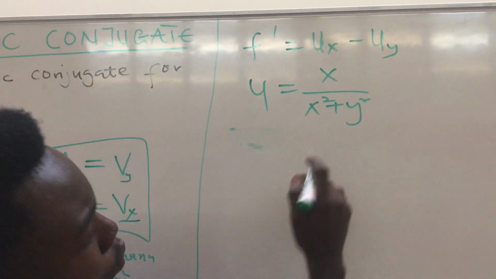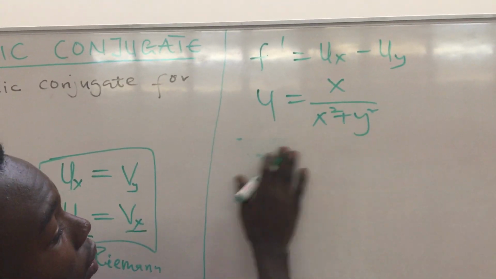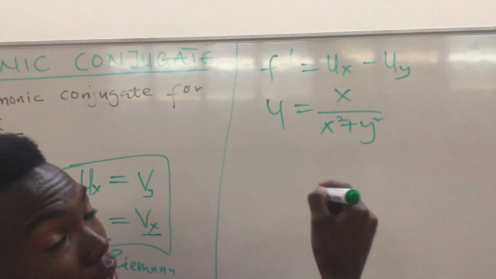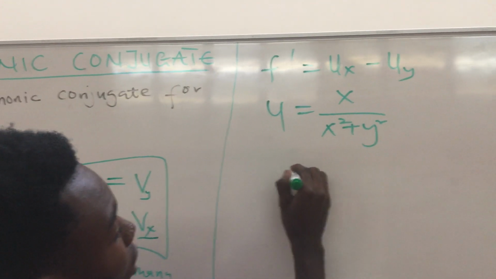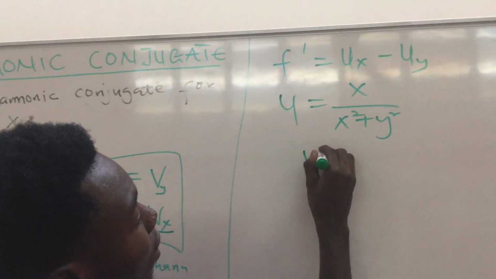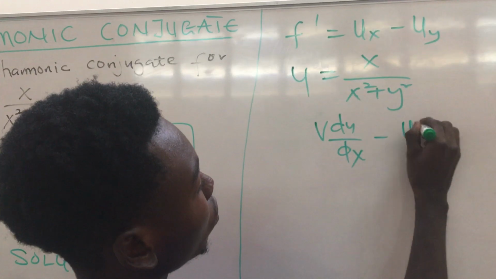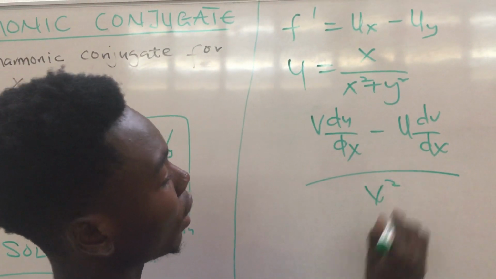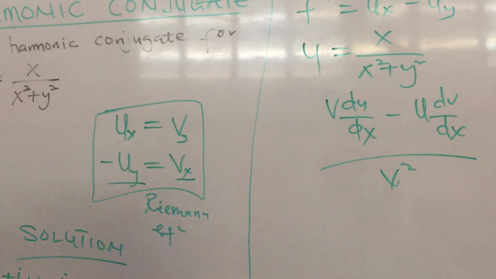But first, this is a quotient, right? So if we differentiate it, we are going to use the quotient rule to solve this. Are you okay? We are going to use this rule: v du over dx minus u dv over dx, all over v squared. So we are going to use this rule to solve this. Are you okay?